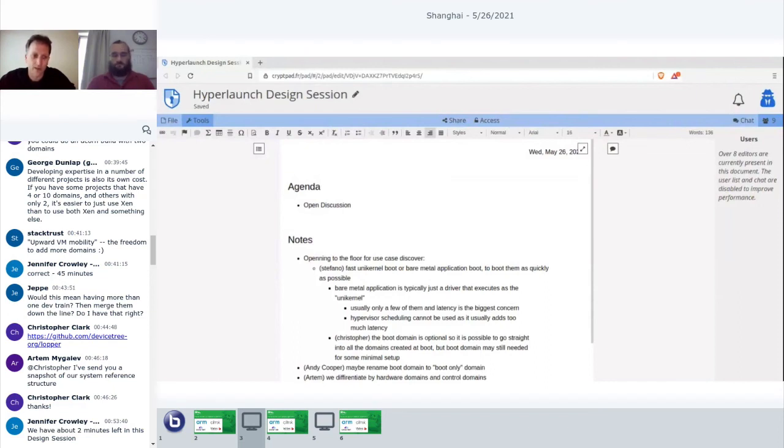An additional one that we've deferred is the recovery domain. It's mentioned in the design document.